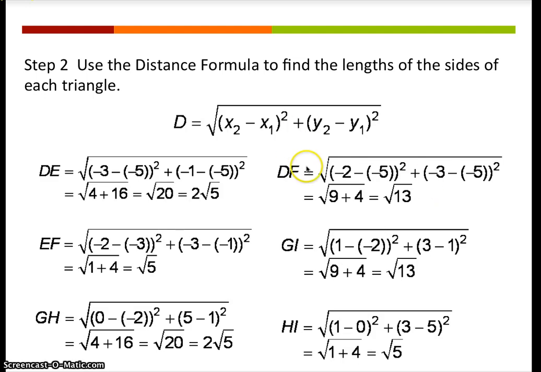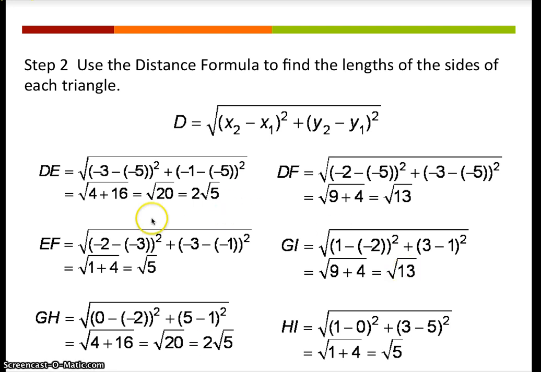Okay, so here's the distance formula at the top. And here I have plugged into the distance formula 6 times. And for DE, I got 2 square root of 5. For GH, I also got 2 square root of 5. And for EF, I got square root of 5. For HI, I also got square root of 5. For DF, I got square root of 13. And for GI, I also got square root of 13.